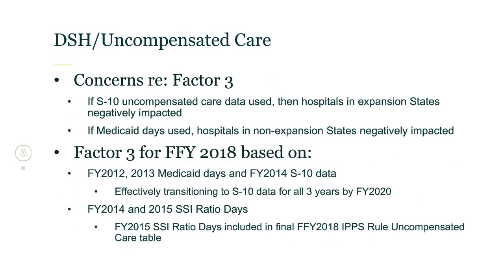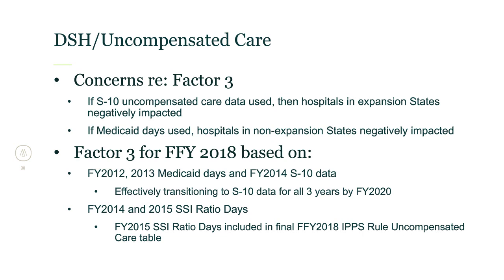There are some big concerns out there about using worksheet S10 data for the Factor 3. One of the concerns, and probably the major concern, is of hospitals in states that expanded insurance coverage under ACA, and that's transitioning to CMS's use of worksheet S10 data. For these states, their worksheet S10 data will naturally have less uninsured, less charity care, and bad debt amounts than states that chose not to expand.